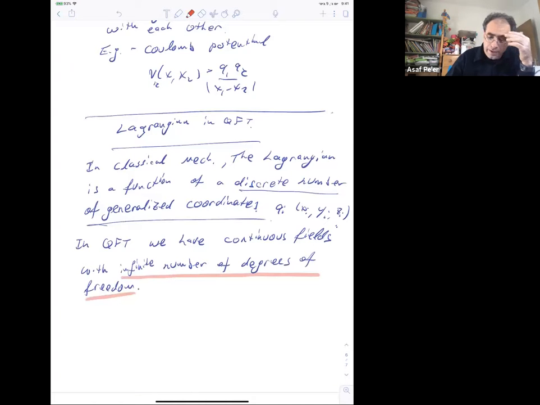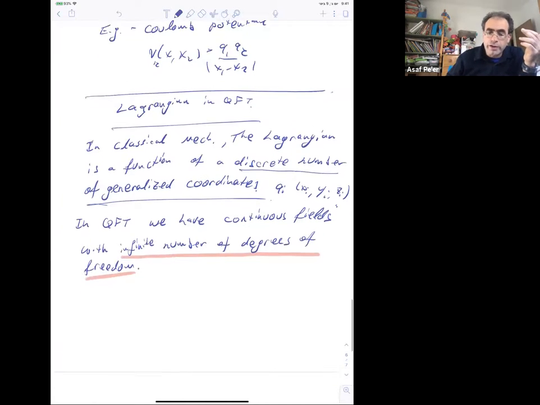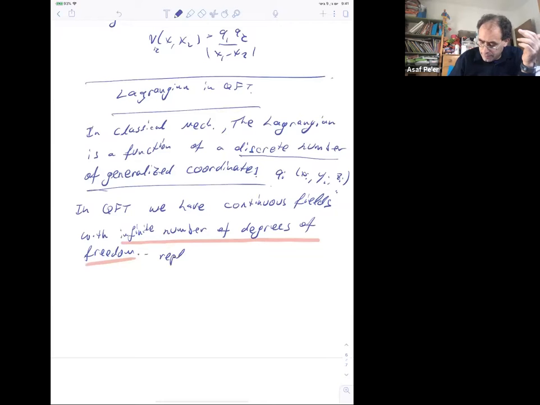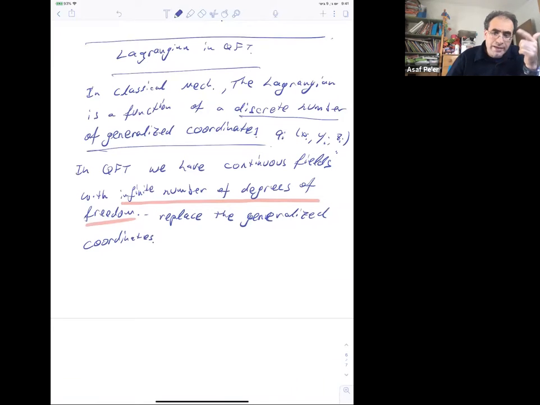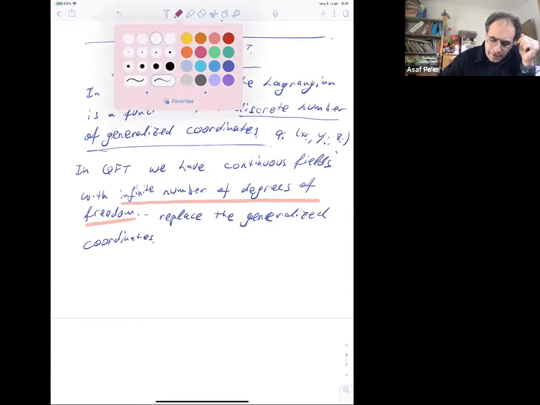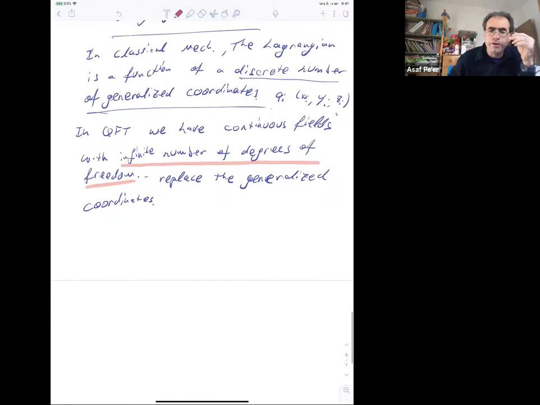And this is what replaces the generalized coordinates. So as opposed to the classical or even quantum mechanics, in quantum field theory the dynamical degrees of freedom are the values of the field at every point. You write it down because this is the key point, which can be quite confusing.